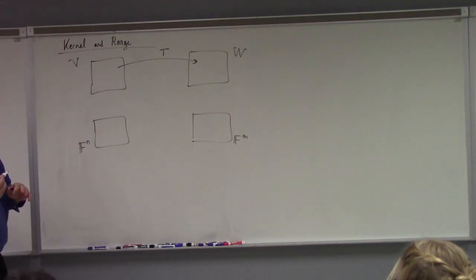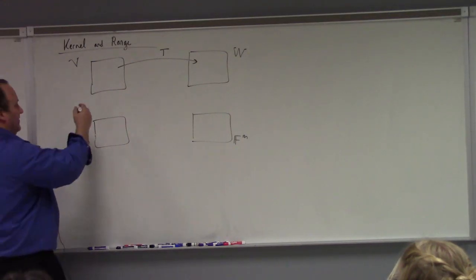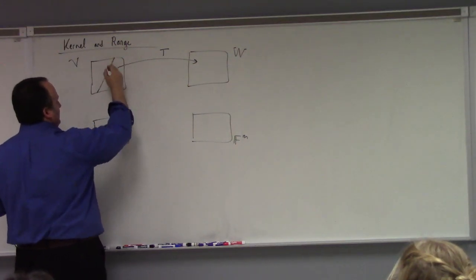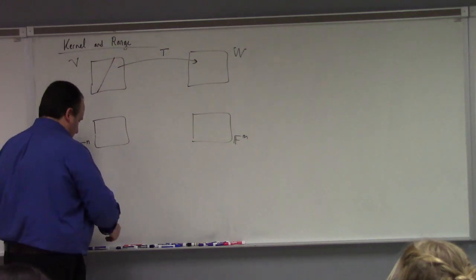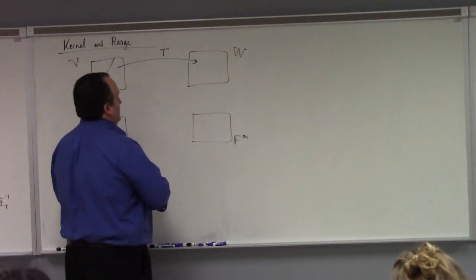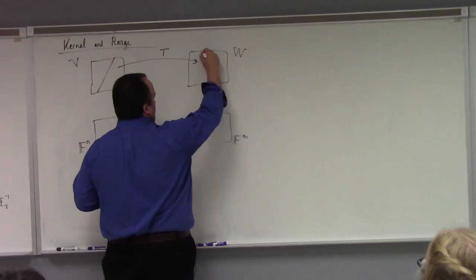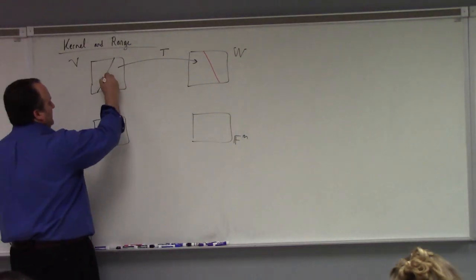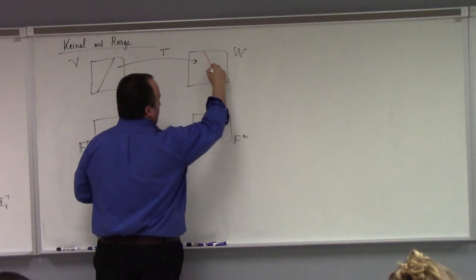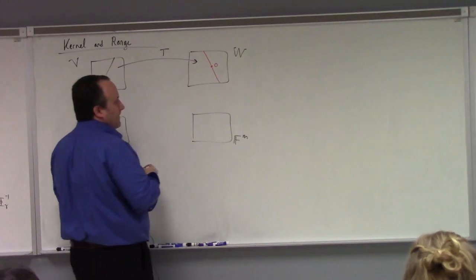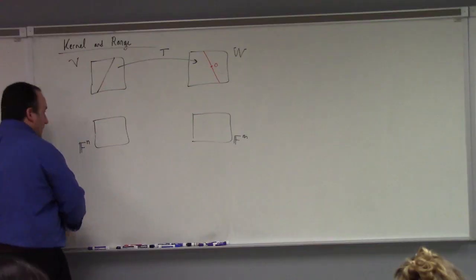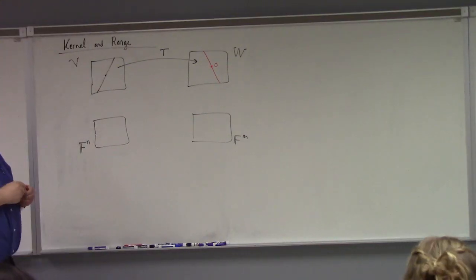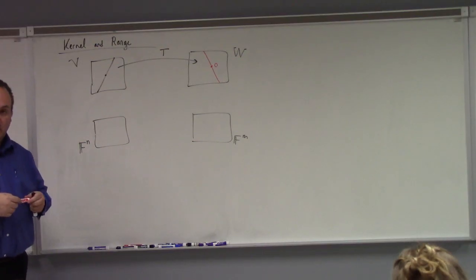So, is the kernel in V? Yeah, the kernel's in V, maybe like this. And over here is W. Now I'm drawing them as if they're subspaces, because they go through zero somewhere in here. They might not be the whole space. If the kernel's the whole space, it's kind of a boring linear transformation.